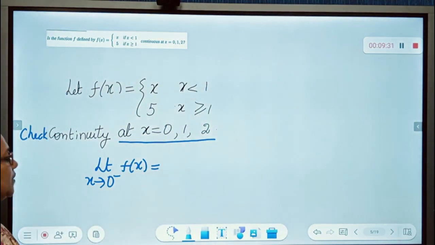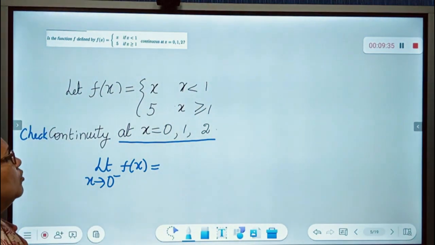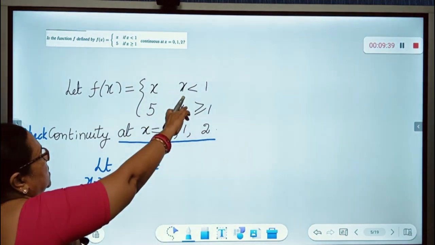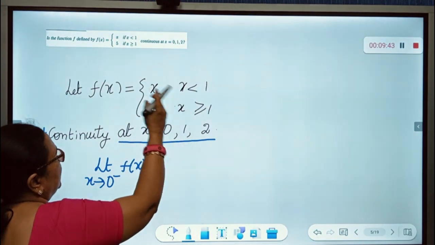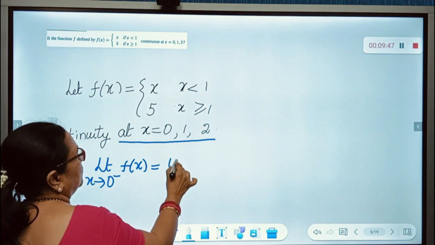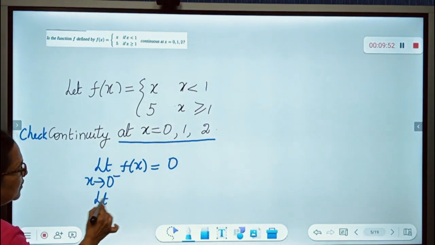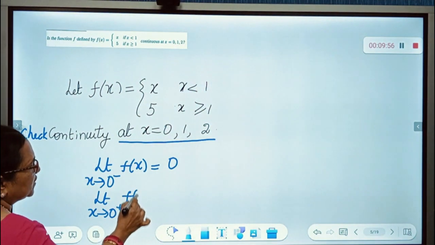That means x is approaching, becoming very close to 0. When it is becoming very close to 0, naturally x is less than 1. So, what will be the value of the function? It is x. So, what is x here? 0.